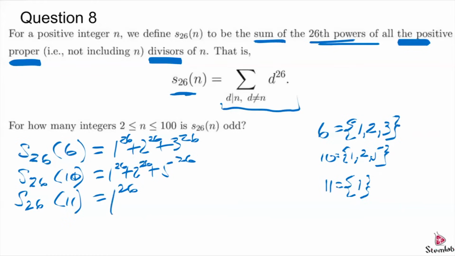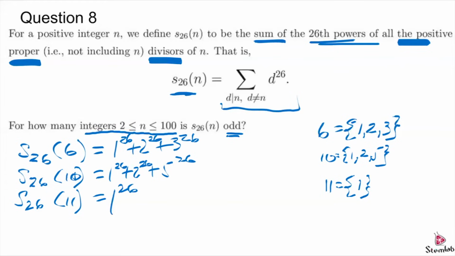We're asked for how many integers from 2 through 100 inclusive is this function odd. For the function to be odd, there has to be an odd number of odd proper divisors of n.